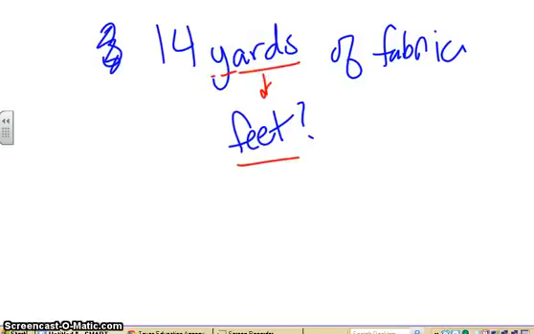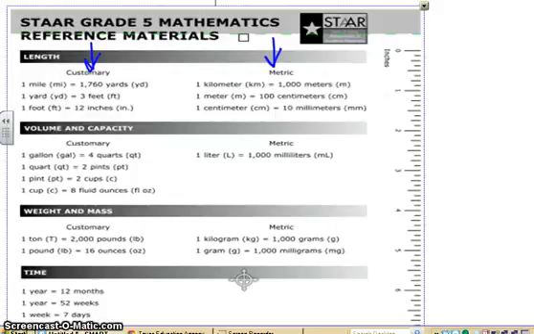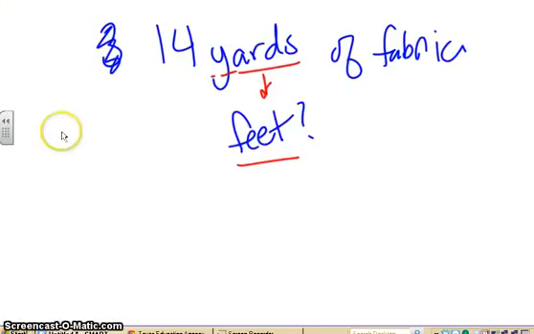So I'm going to go to my mathematics chart and find where it converts from yards to feet. And if I look right here on my chart, I see that 1 yard equals 3 feet. So I'm going to write that down. I'm going to say 1 yard equals 3 feet, because that's what I know from my mathematics chart.